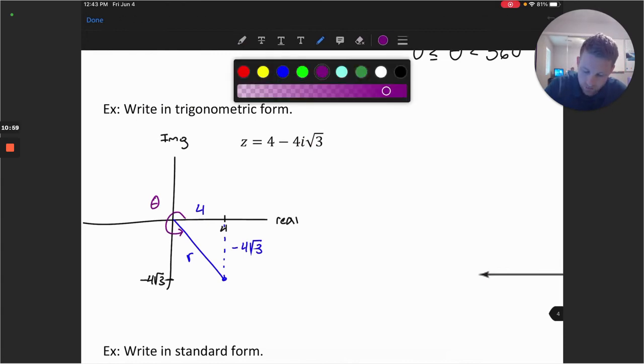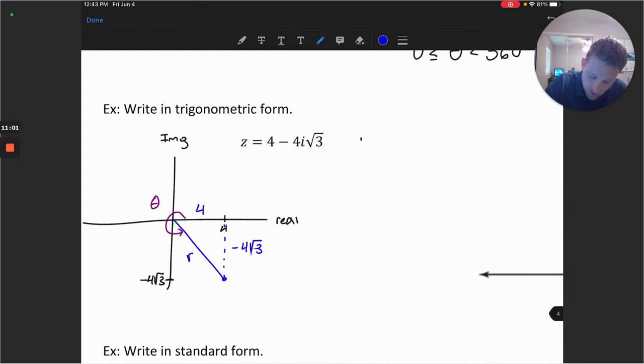So let's start with the modulus. The modulus we can rewrite is going to be r is equal to the square root of my a, which is 4 squared, plus negative 4 square roots of 3 quantity squared.